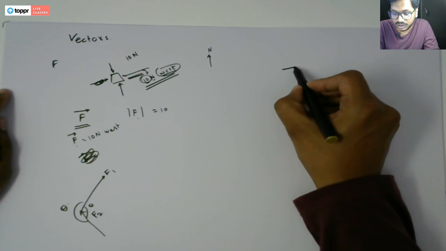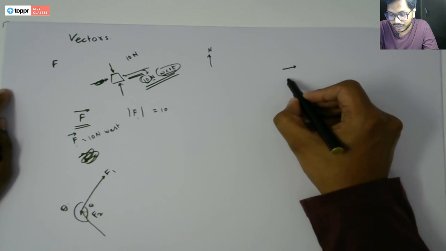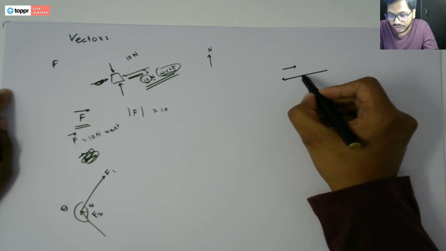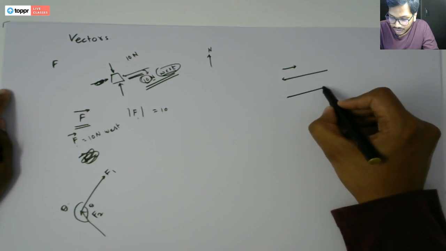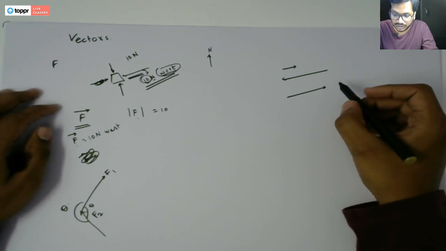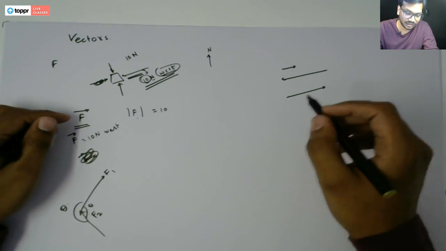So this line shows a vector acting in this direction with a small magnitude. This line shows a vector acting in this direction with a large magnitude. So the length of the arrow shows the magnitude of the vector, and the direction of the arrow shows the direction in which the vector is acting.